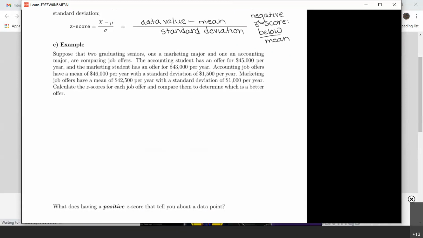The accounting student has a job offer for 45,000 a year, and the marketing student has an offer for 43,000 a year. Accounting job offers have a mean of 46,000 and a standard deviation of 1,500. Marketing job offers have a mean of 42.5 thousand with a standard deviation of 1,000. Calculate the z-scores for each job offer and compare them to determine which is the better offer.